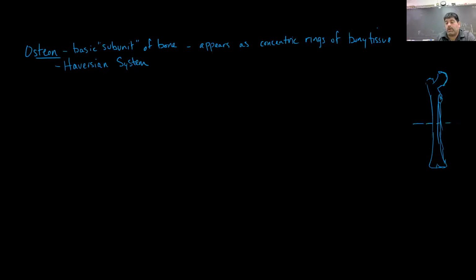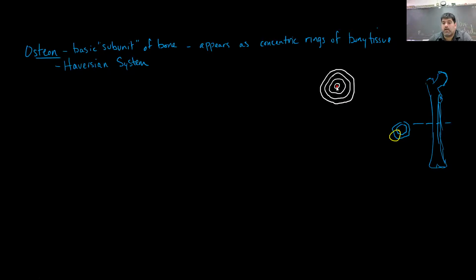If I cut through here and saw this portion of the bone, and then zoomed way in on this part, I might see the osteon appears as concentric rings of bony tissue. And at the center of all of that, I would find an open space.